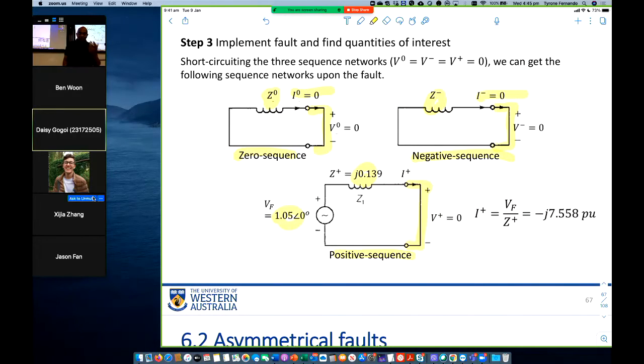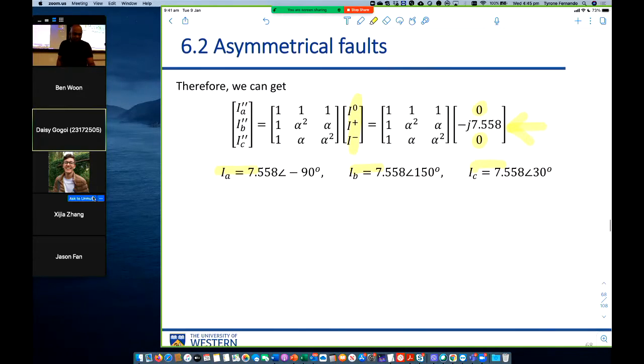Obviously, they are going to be zero because there's no sources in any of those. We calculate the current in the positive sequence circuit, right? And once you have the sequence currents, then the phase currents you can calculate through that relationship.